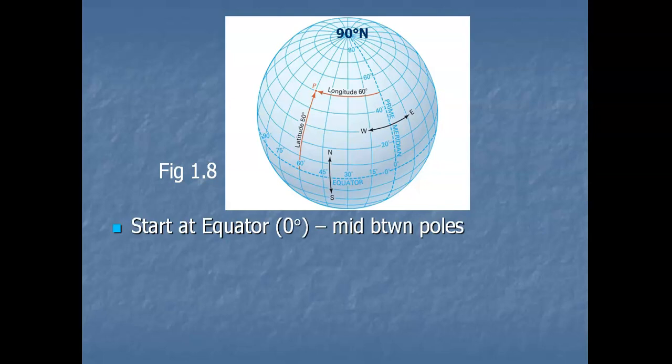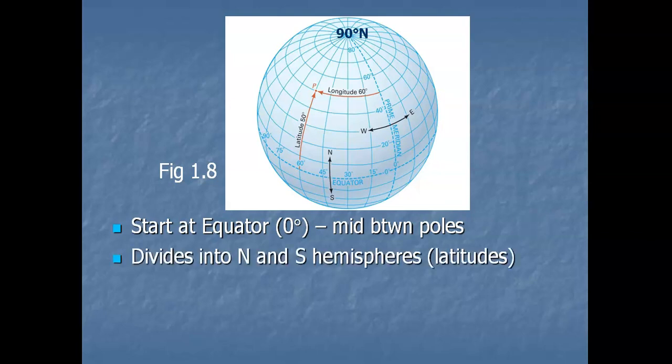It was determined long ago that since we have 2 natural reference points, the North and South Pole, we would start counting lines of latitude at the midpoint between the poles. And so we wind up dividing the Earth into equal halves, creating a northern hemisphere, or northern latitudes, and then south of the equator, southern latitudes.